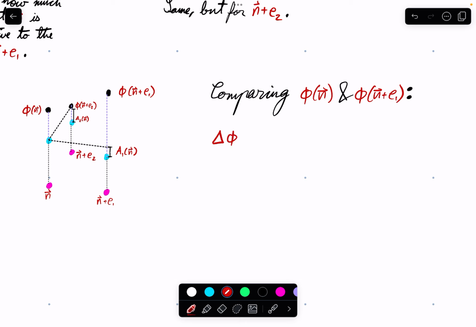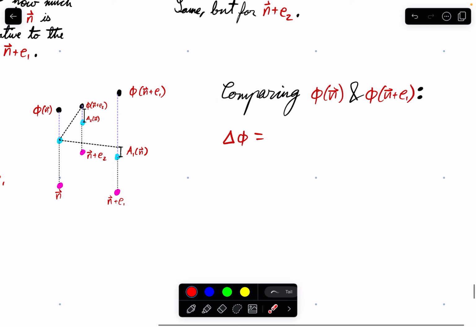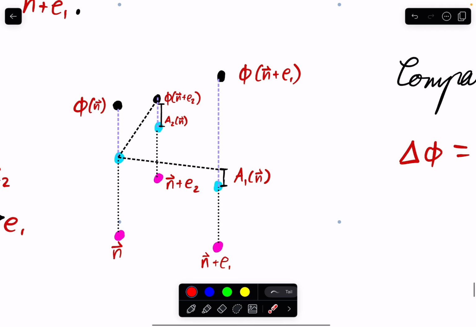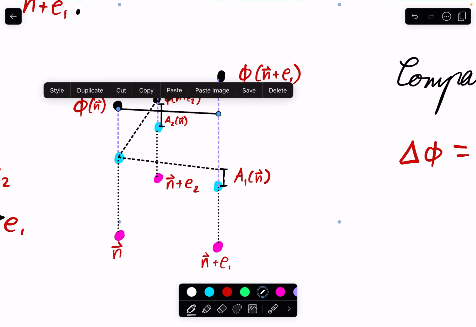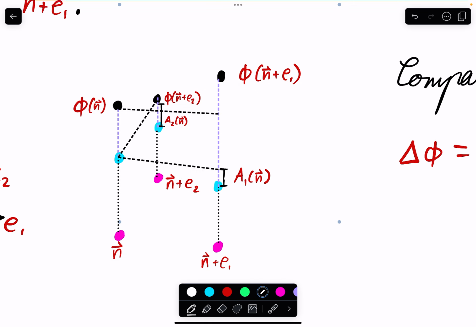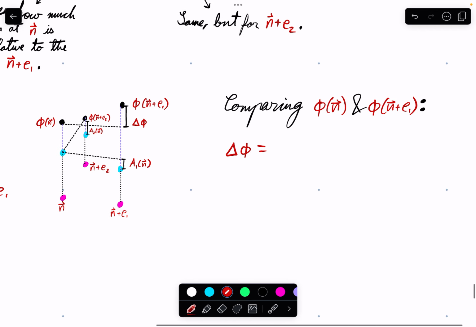So the change in the field between those two points is equal to, first, if this goes like this to here, then this difference right here is the change in the field. So we want to consider this change in the field.